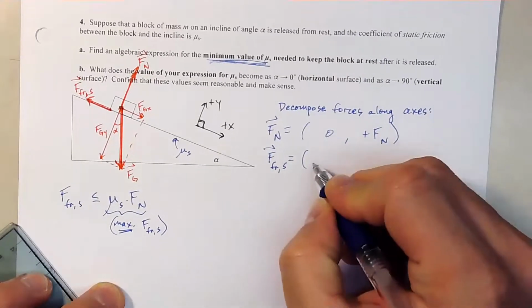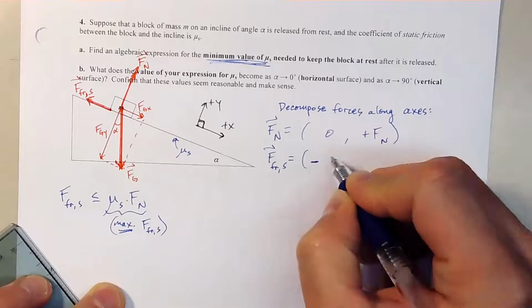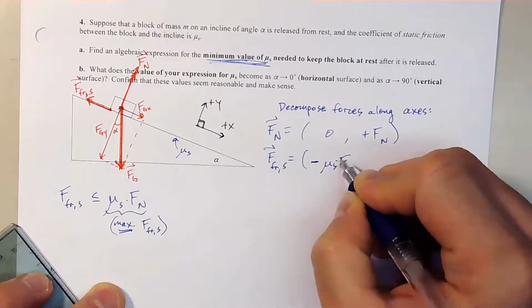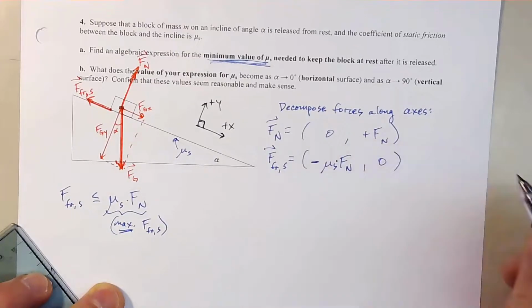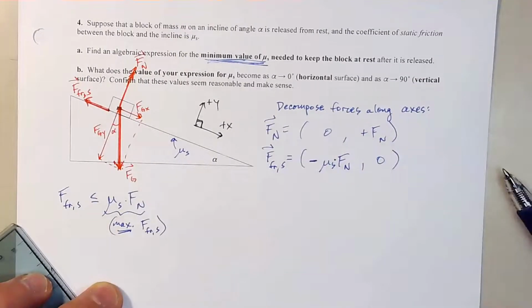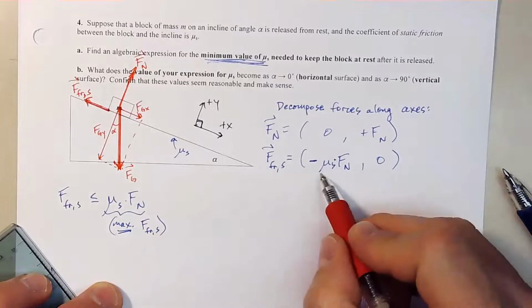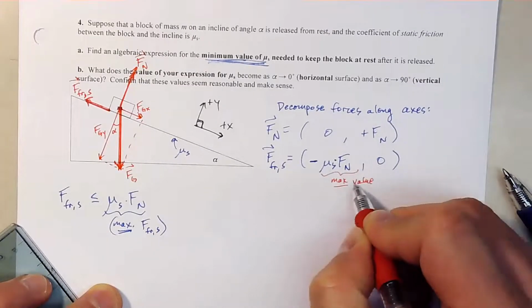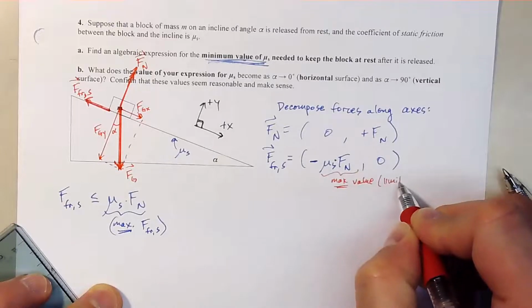Right? So the x component here is going to be negative mu times normal force. And there is no y component if you look at it. So I'm just going to remind us that this is the maximum value because we're considering the limiting case.